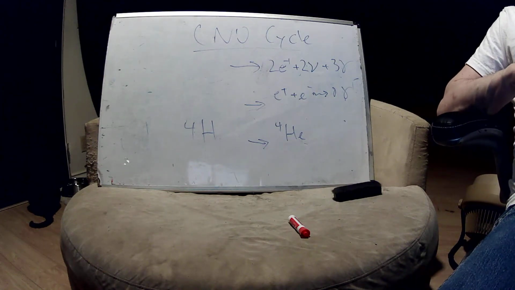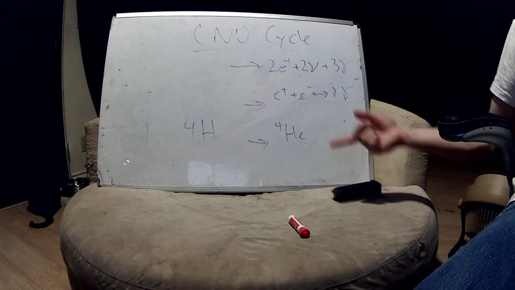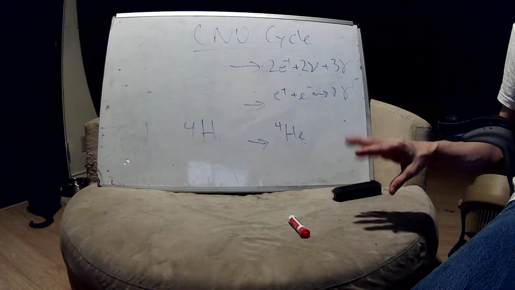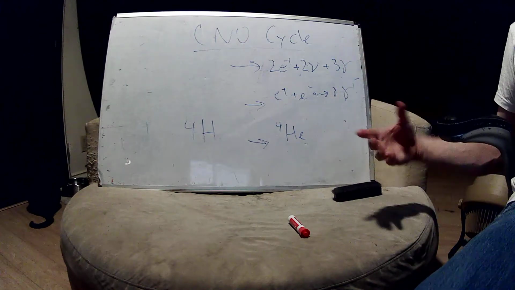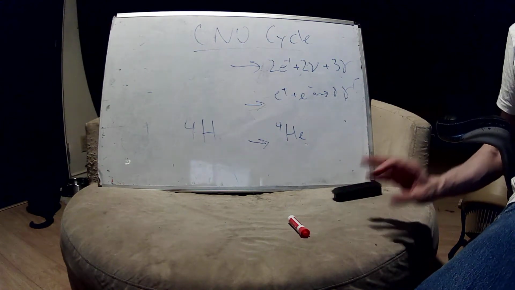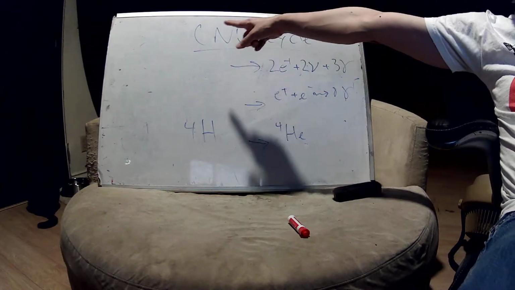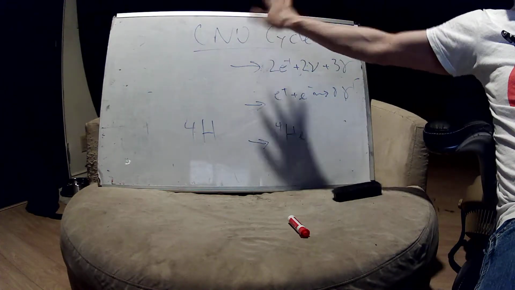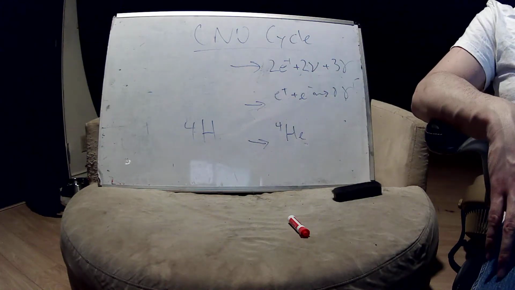Because the carbon, nitrogen, and oxygen are not consumed, we can kind of think of them like a catalyst to this reaction, right? They allow the reaction to happen, sure, but they're not consumed as a result. They're basically all of the protons, neutrons, and electrons that make up these atoms are still there somewhere in the core of the star, right?